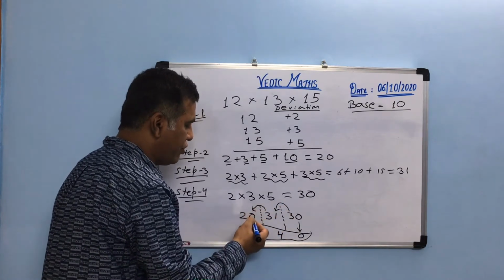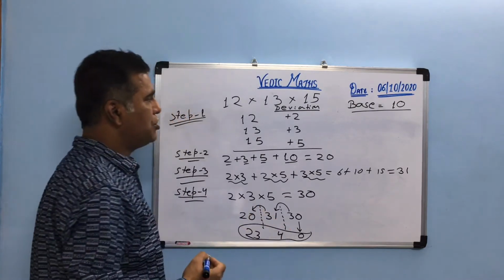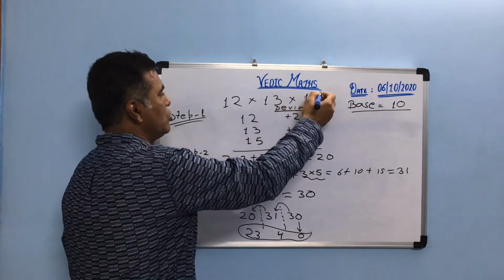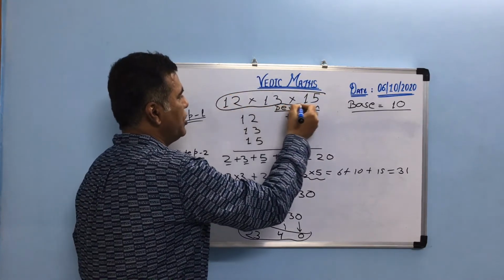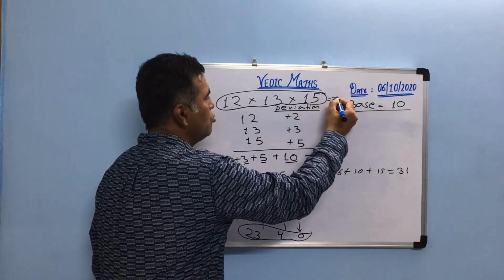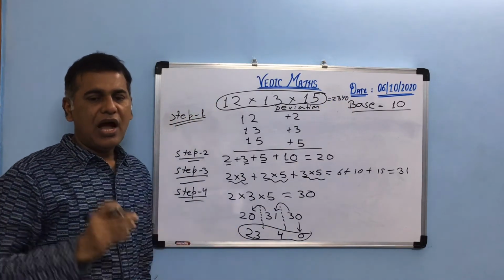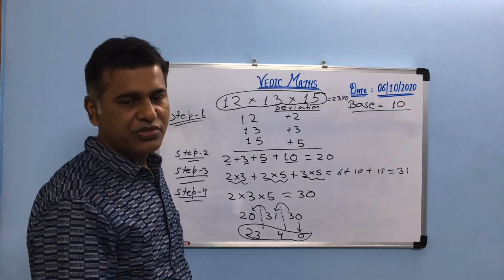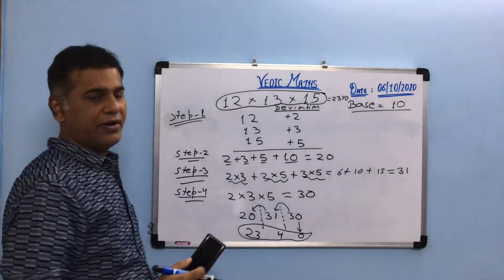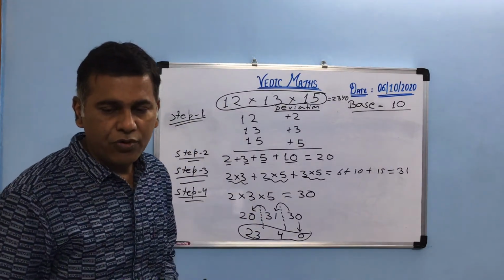Again 3 will be carried forward, so 3 plus 0 is 3. So 2, 3, 4, 0 is our answer. So 12 into 13 into 15 is equal to 2340. Hardly it will take 2 seconds.